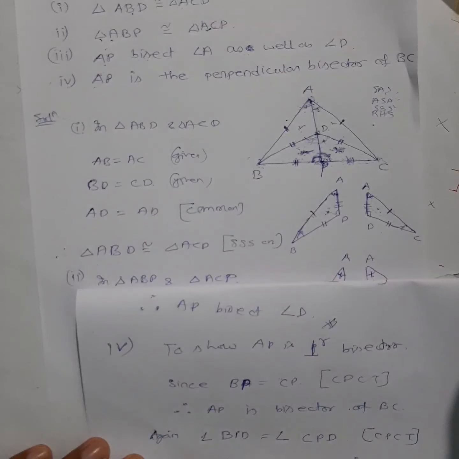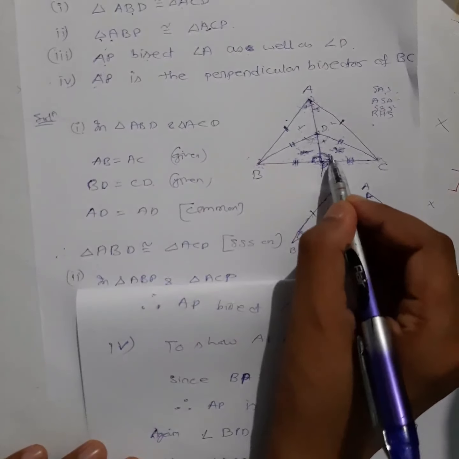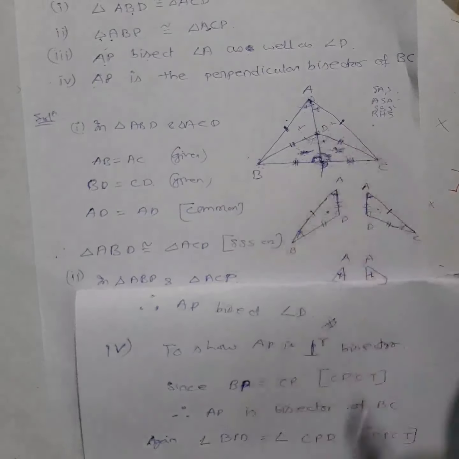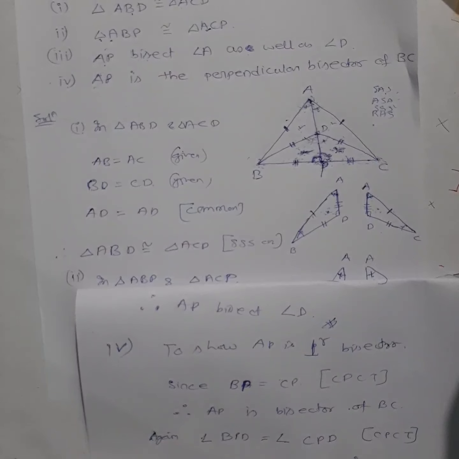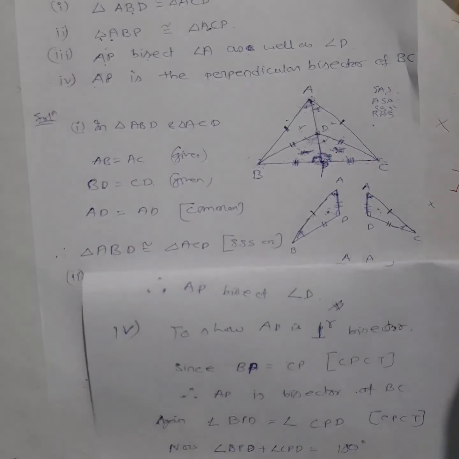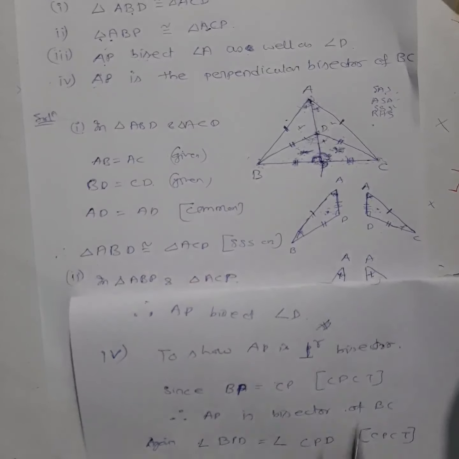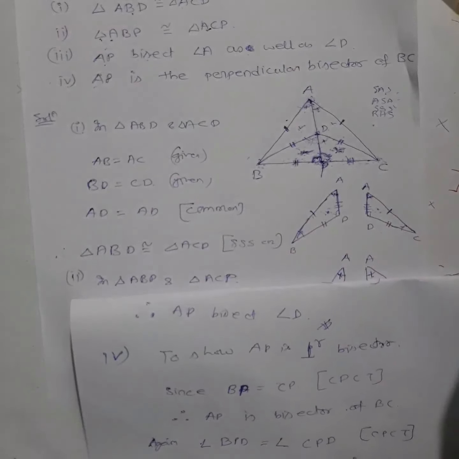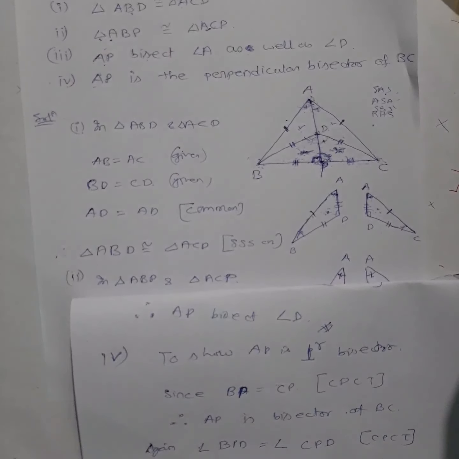This and this are same, right? Equal. So instead of writing CPD again, I can write CPD also in terms of BPD, right? Because they are equal. So from here can I write angle BPD is equal to 90 degree. That's it. To bring this side, it will become 90 degree. So this is 90 degree means what? Perpendicular. So therefore AP is perpendicular bisector. Okay.